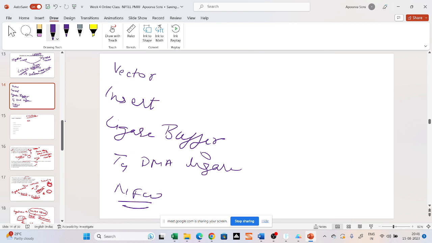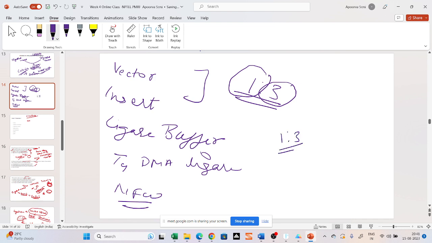So you should always try to have the vector to insert concentration as maybe 1 is to 3, or 1 is to 6 can also work. That means that for one vector there should be 3 molecules of insert. Sir has also explained that the ratio of vector to insert should be 1 is to 3.